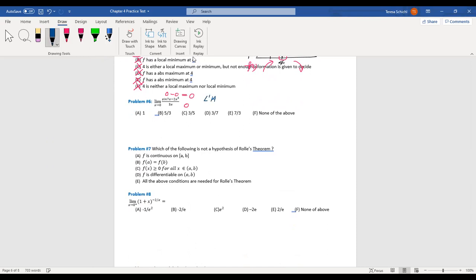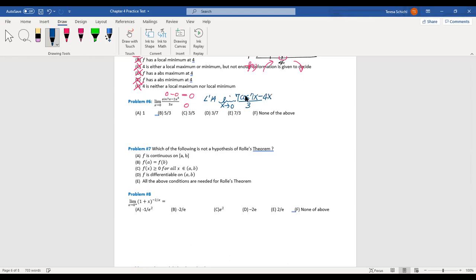We need to use L'Hopital's rule. So let's try again. So x approaches 0. Then I just take the derivative of the top and the bottom. So this is 3. Then sine 7x is what? It's cosine 7x. Don't forget the chain rule, times 7, right? Then minus what?